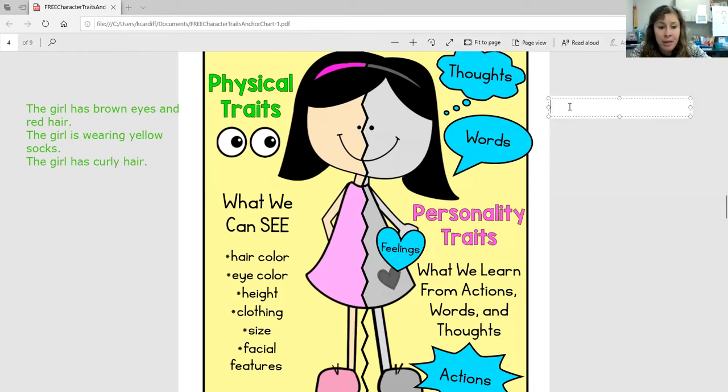Now remember, personality traits are your thoughts. So what is the character thinking in this story? The girl is being, to me, naughty. Being to me, or being, let's bring one.